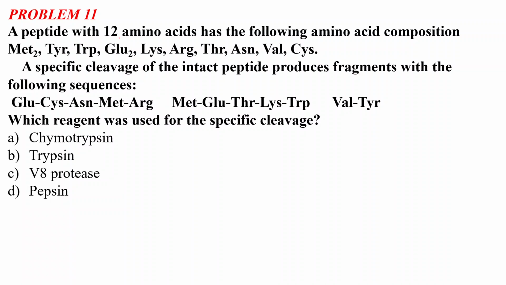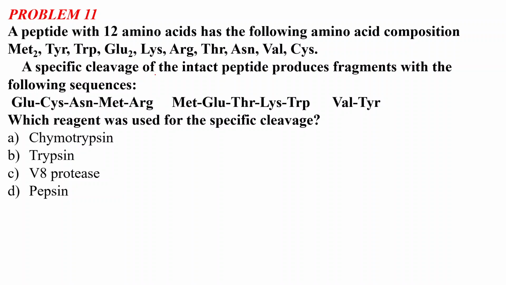A peptide with 12 amino acids has the following amino acid composition: 2 methionine, 1 tyrosine, 1 tryptophan, 2 glutamic acids, 1 lysine, 1 arginine, 1 threonine, 1 asparagine, 1 valine, and 1 cysteine.